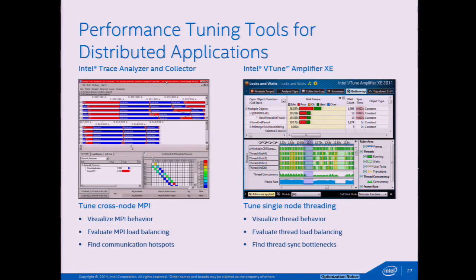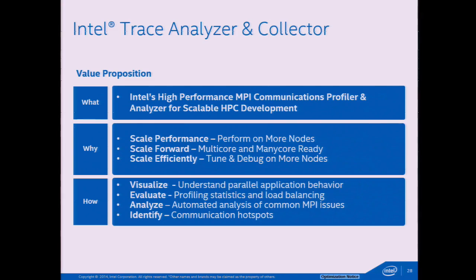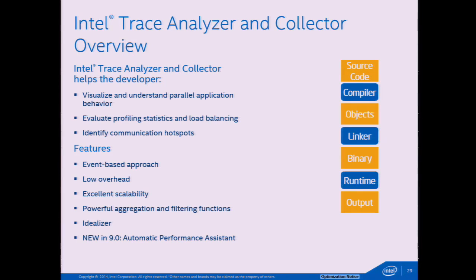So the idea behind the Trace Analyzer and Collector is it's taking a look at your MPI applications, and it's trying to gather as much information about each MPI event that's happening as it can.